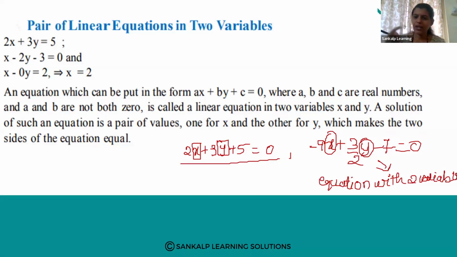Next, pair of linear equations in two variables. Pair means two equations are there. We call it a pair when we write two equations together. For example, 2x plus 3y is equal to 5u, and x minus 2y minus 3 is equal to 0.